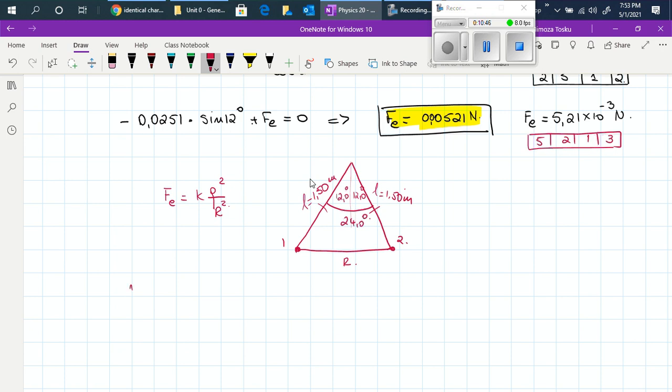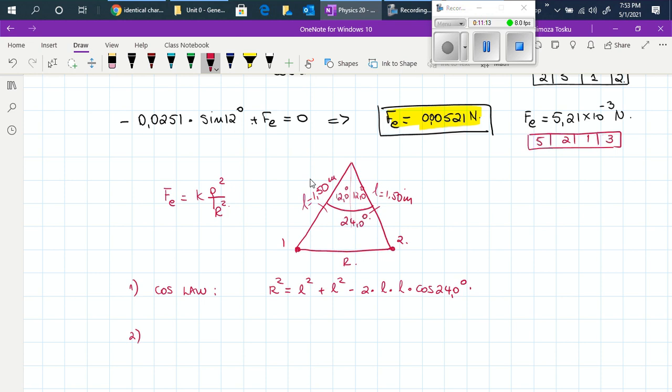The first one is to use the cosine law. So you can go R squared is equal to L squared plus L squared minus 2 times L squared again, times cosine 24 degrees. And then you don't even have to square root it, because in the relationship it's R squared.